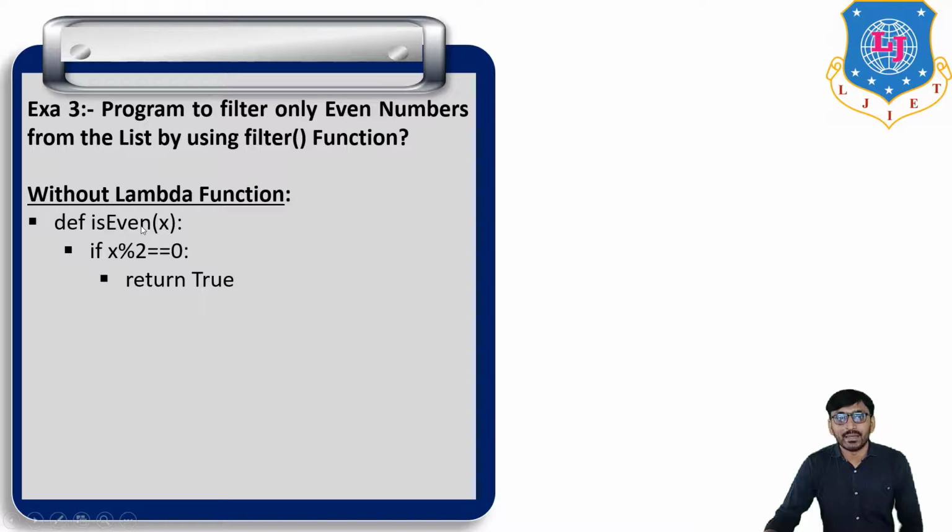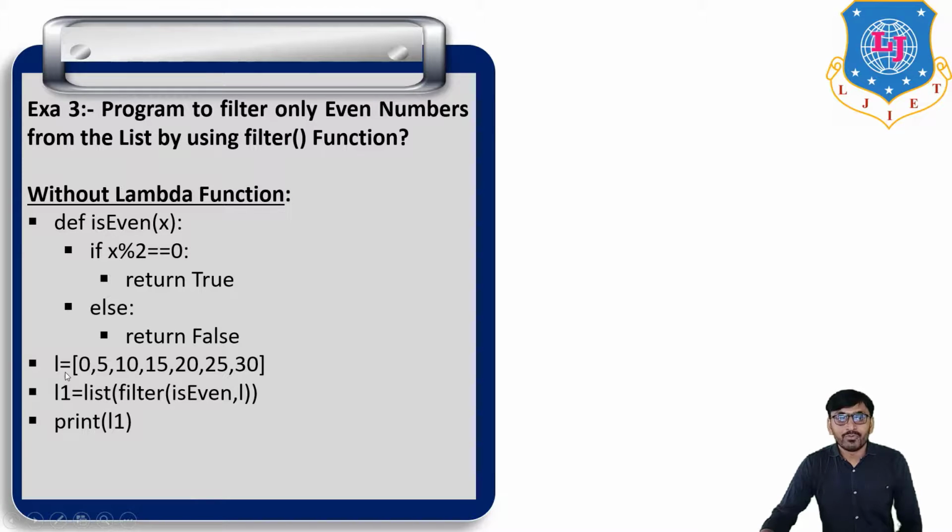This is the function name, and the argument is x. Now the condition: if x modulo 2 is equal to 0, it means if we divide x by 2 and the remainder is 0, then return True. It means it is an even number. Otherwise return False. Now one list is given: 0, 5, 10, 15, 20, 25, 30.